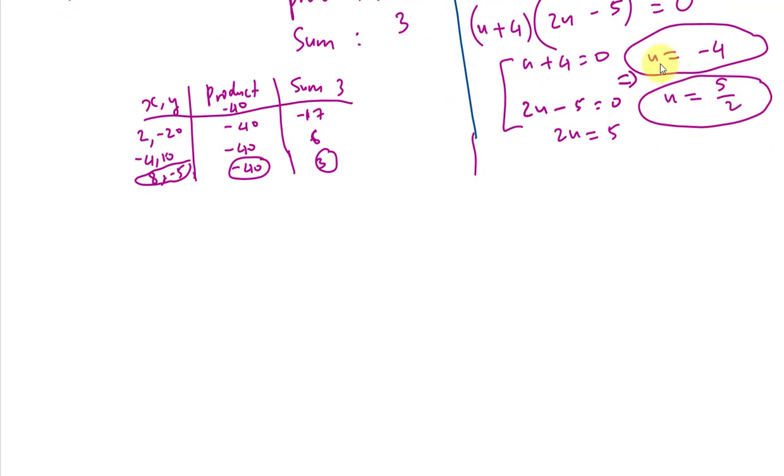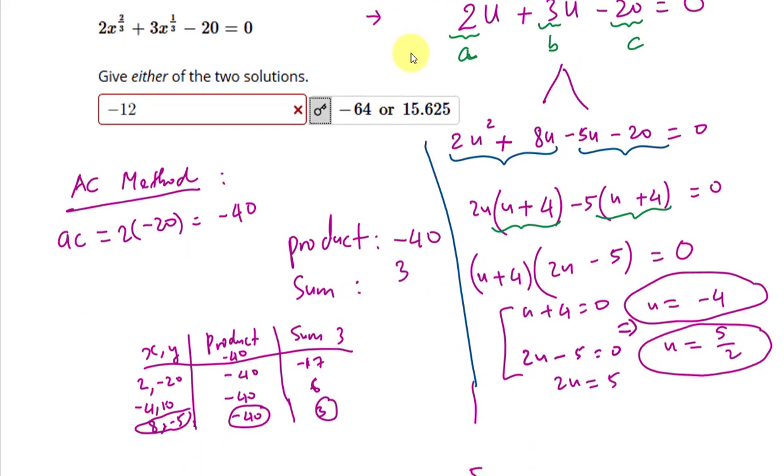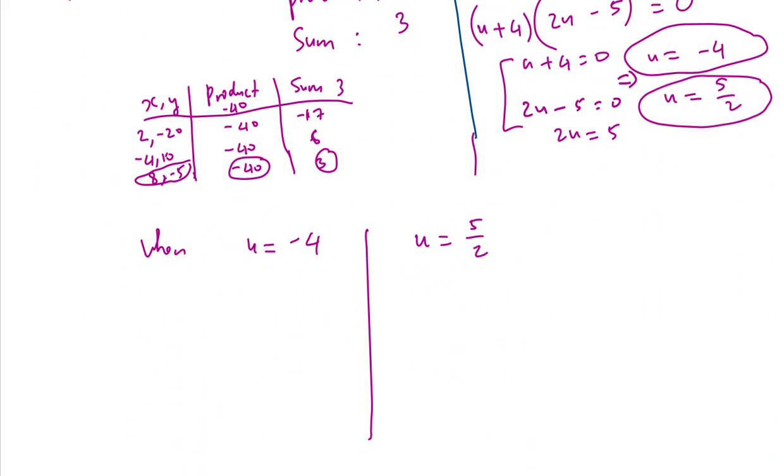You have two different values of u. When u equals -4 and when u equals 5/2, remember that u is equal to x to the 1/3. By substitution, u is x to the 1/3. So when u equals -4, x to the 1/3 equals -4.